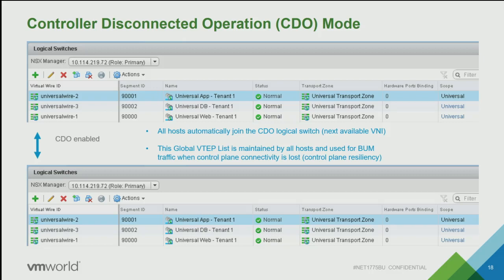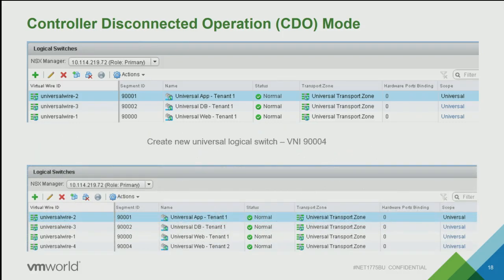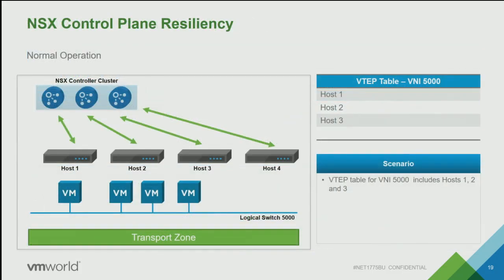So if control plane connectivity is lost, we'll still be able to pass BUM traffic and make things happen. Watch what happens. Oh, I just added another logical switch. Well, where did 90,003 go? It's hidden, CDO mode, so the next logical switch we create does take the next VNI.